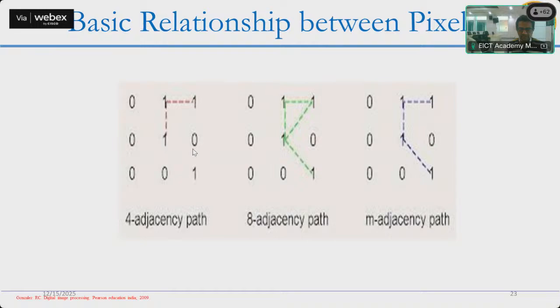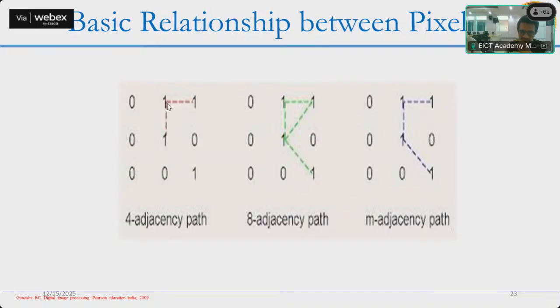We take up one more example here so that it will make things clear. For example, a 4 adjacency path. In a 4 adjacency path, for example, this one is here and this one is here. In 8 adjacency, apart from this and this one, the diagonal is also coming.